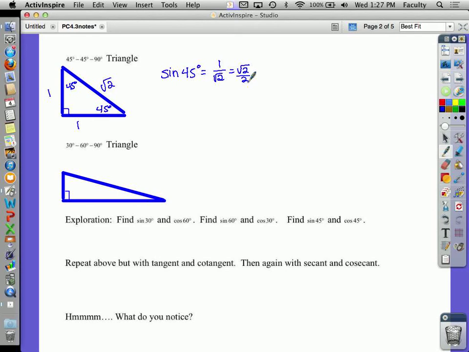The reason I'm putting 1 over radical 2 is I'm doing forward thinking here. For cosecant, I would rather flip 1 over radical 2 than flip radical 2 over 2 and then have to rationalize, okay?